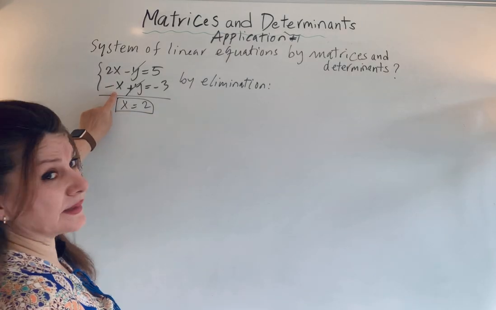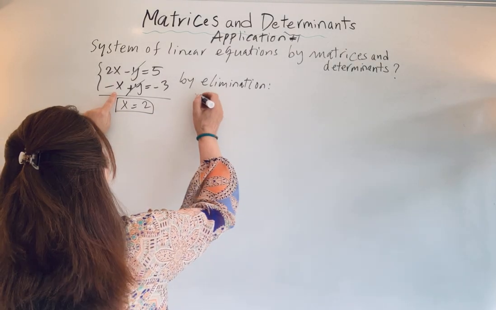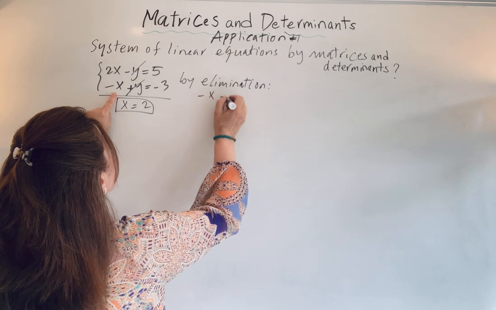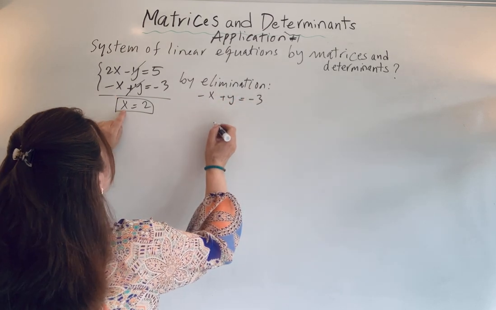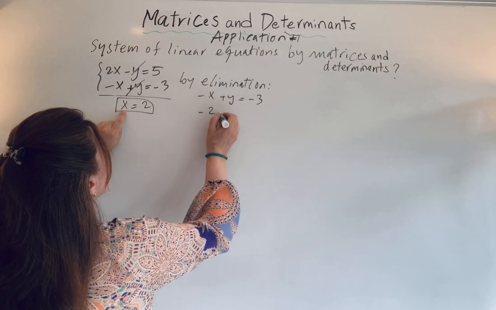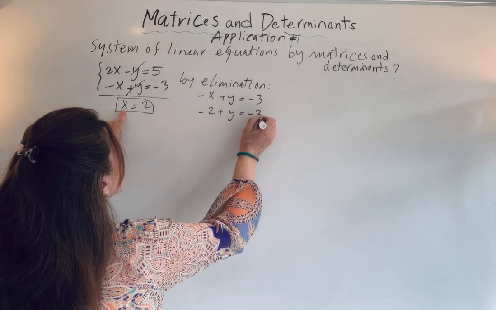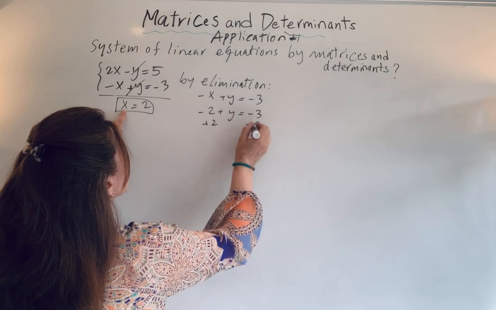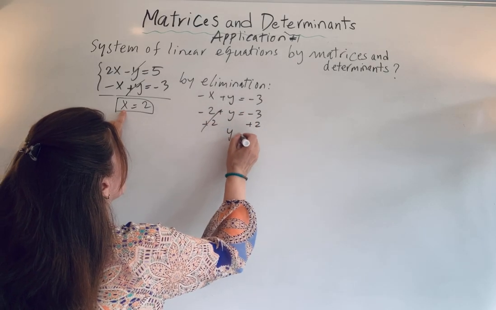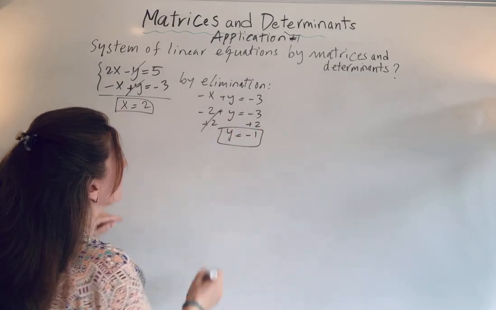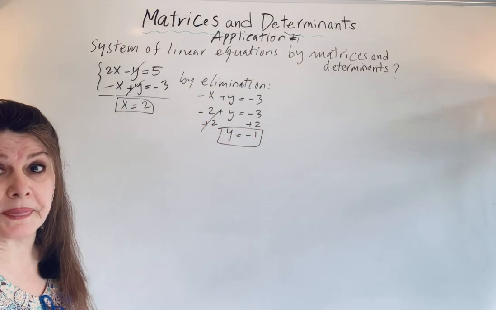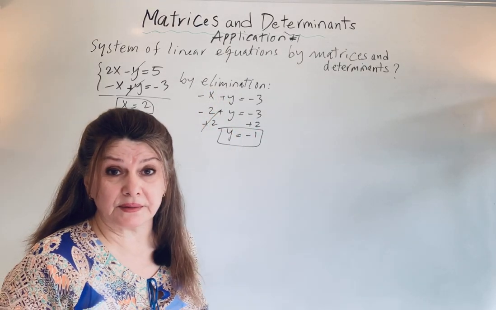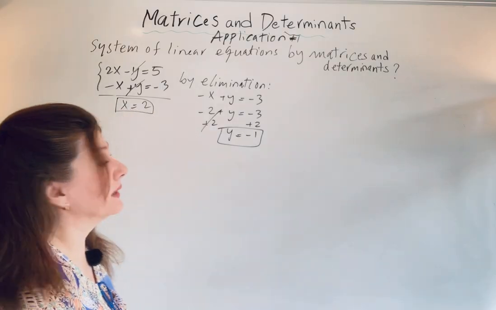We can replace x, for example, in negative x plus y equals negative 3. Negative 2 plus y equals negative 3, so y equals negative 1. Easy by elimination. But how about today using matrices and determinants?